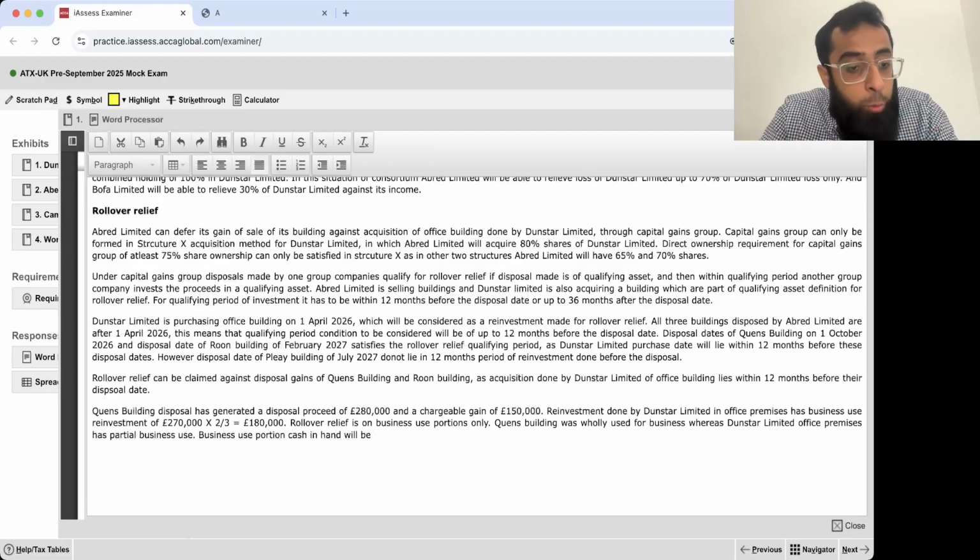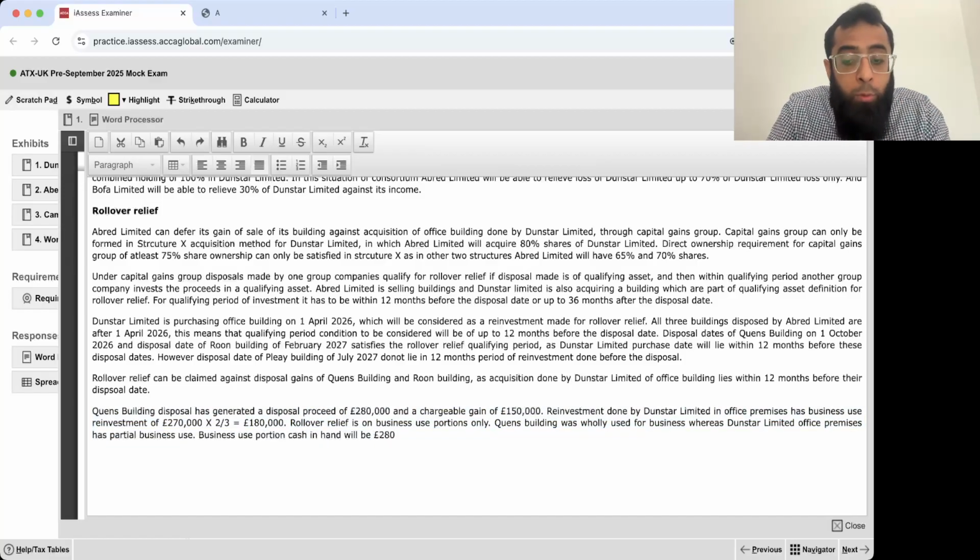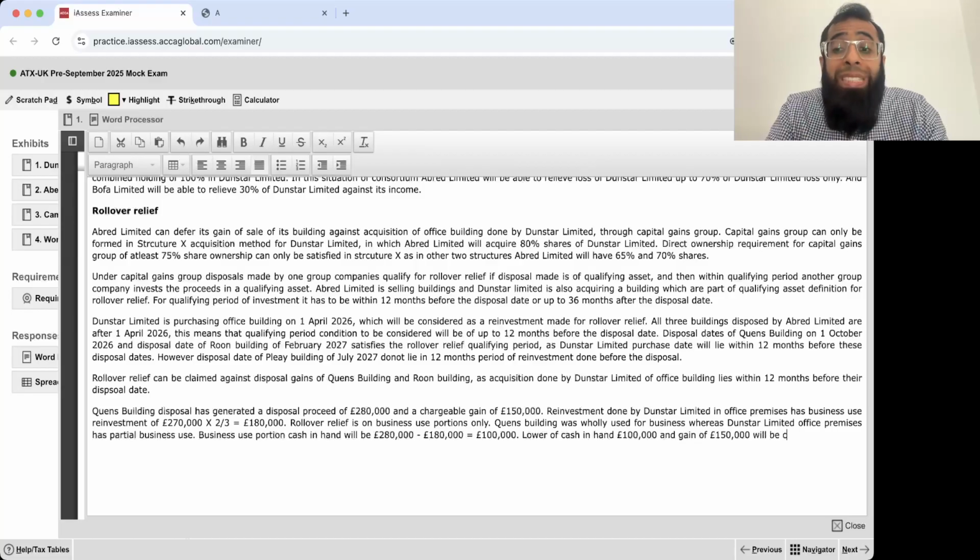Now, business use portion cash in hand will be, how much is your cash in hand? Disposal proceed was 280, reinvestment is 180. So 280,000 minus 180,000 gives a cash in hand of 100,000. Lower of cash in hand 100,000 and gain of 150,000 will be chargeable now and the rest will be deferred.